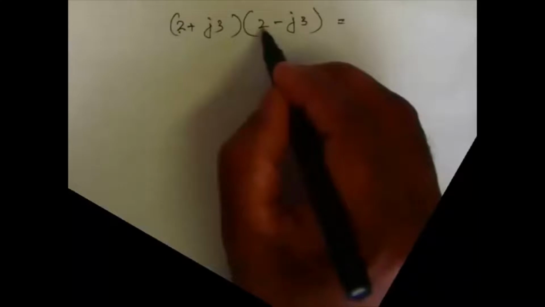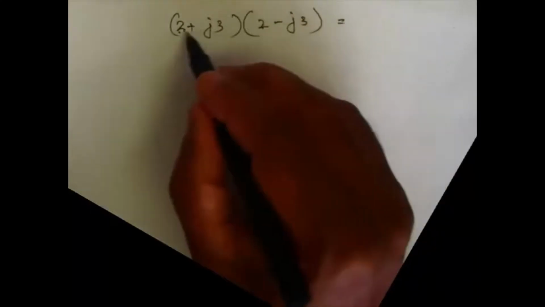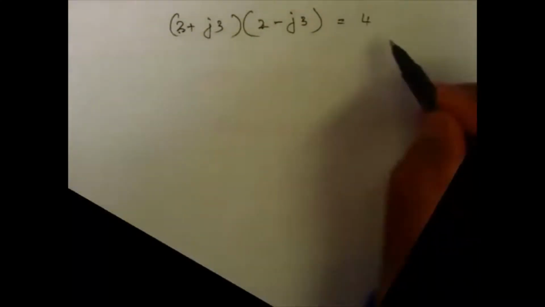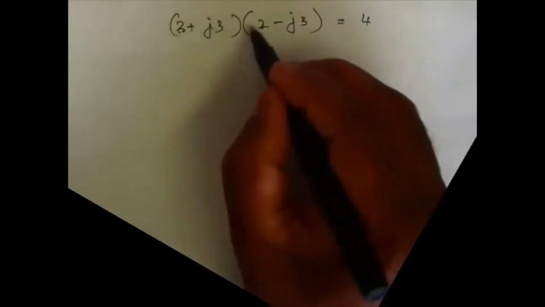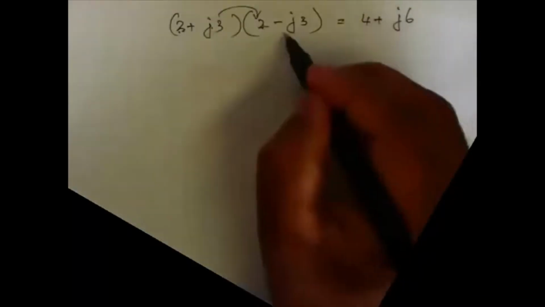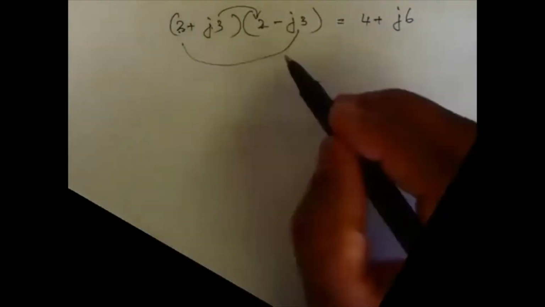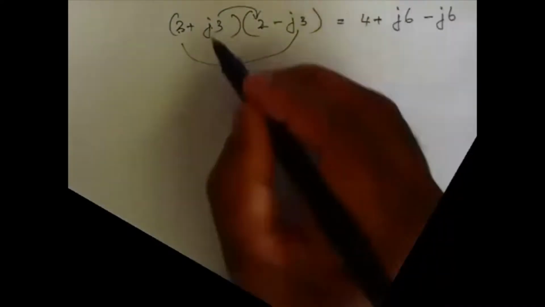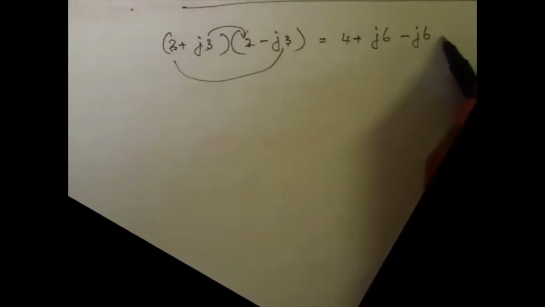when you multiply 2 by 2, that's 4. And then when you multiply this by that, that will be plus j6. And then when you multiply this by that, that will be minus j6. And when you multiply this by that, that will be minus j squared 9.